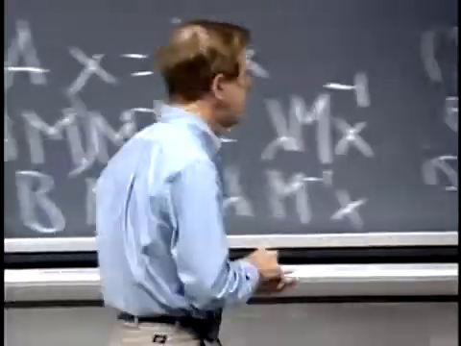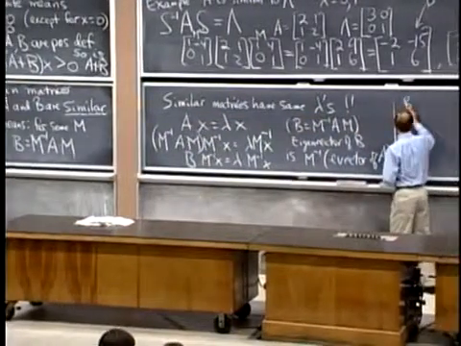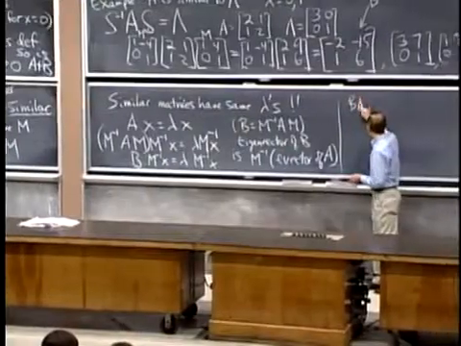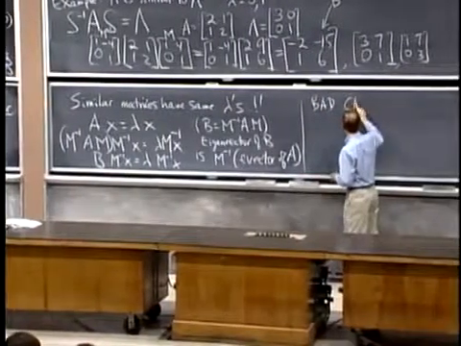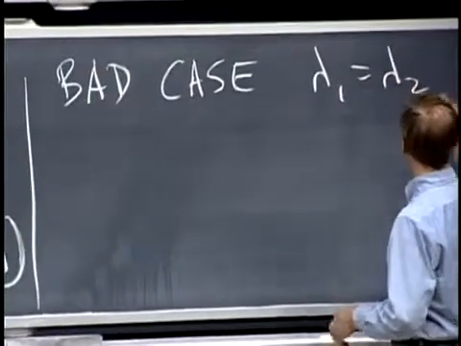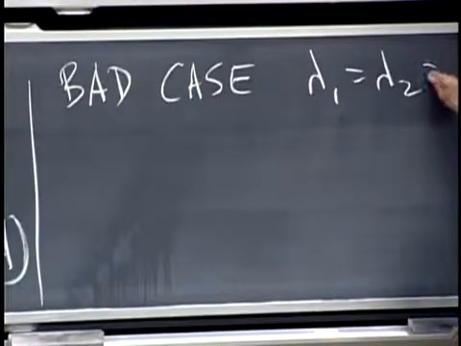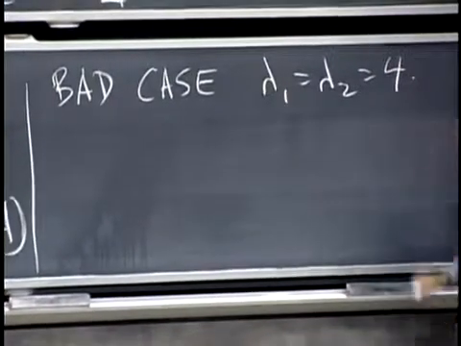So I need to discuss the bad case. If lambda 1 equals lambda 2, then the matrix might not be diagonalizable. Suppose lambda 1 equals lambda 2 equals 4, say.